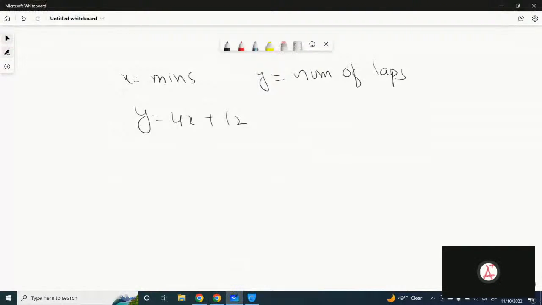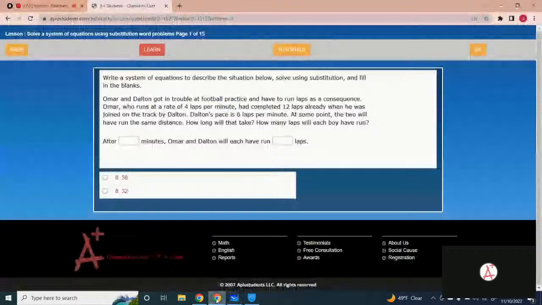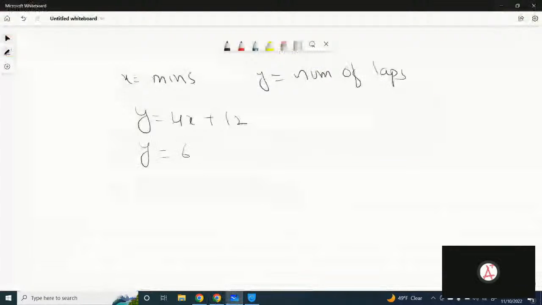And the second equation is, Dalton's pace is 6 laps a minute, so it would be y equals 6x. Got it? So you have to solve using substitution method.